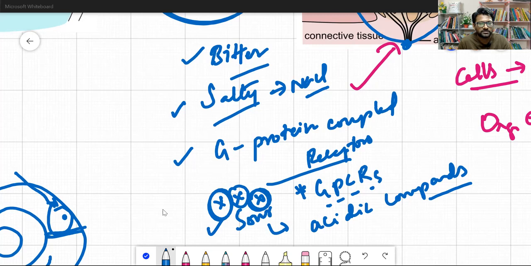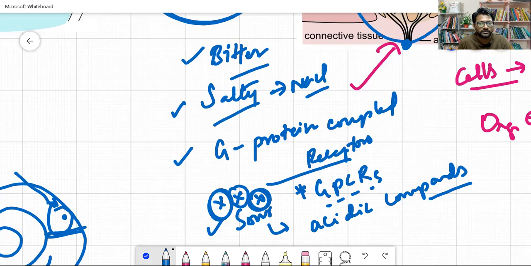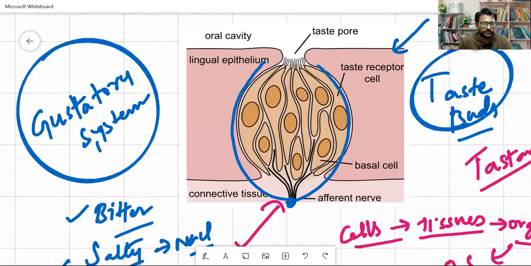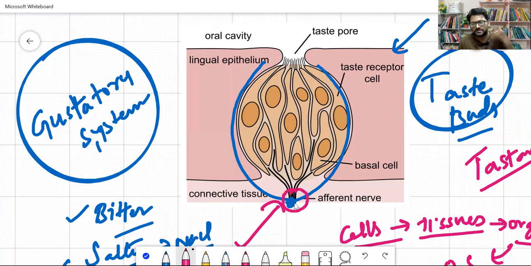If you see the different taste receptors, you can see clearly in the diagram of the taste bud that it contains connective tissue, and there are afferent nerve fibers giving sensory signals to the brain. You have the taste pore at the top, afferent nerve at the bottom, and taste receptor cells.